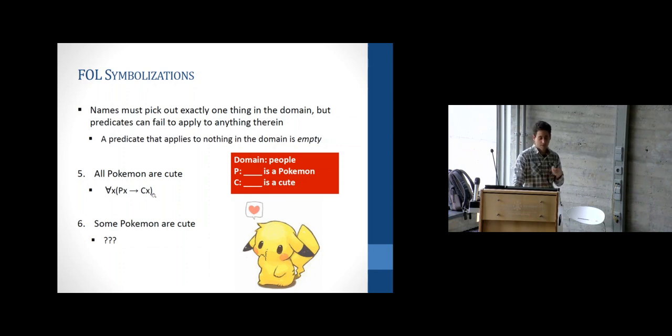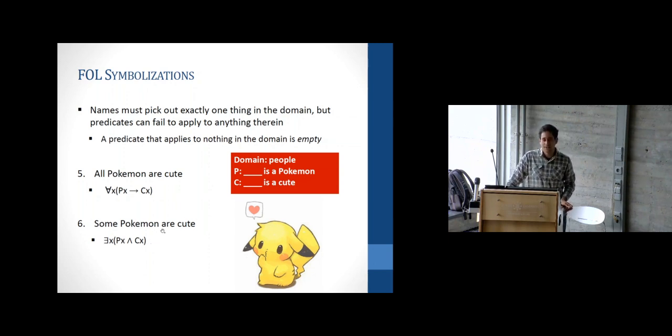Okay? "Some Pokemon are cute," some, what will it be? How would you write it down? Existential. You can also say it out loud. So there exists an x such that x is a Pokemon and x is cute.